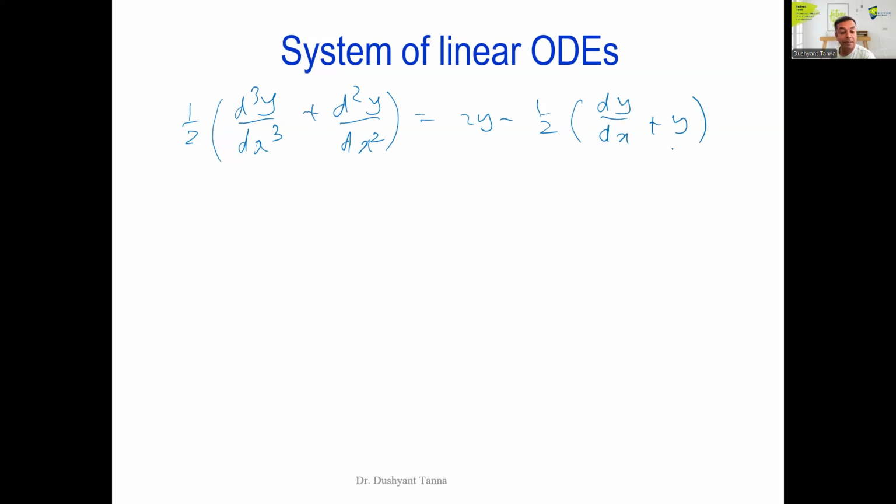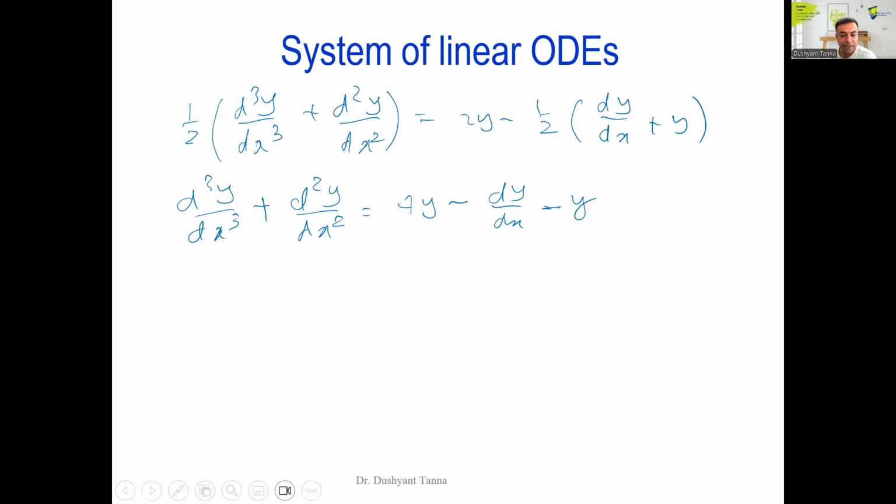Simplify. I would multiply everything by 2. So this will be d3y dx3 plus d2y dx2. This will be 4y minus dy by dx minus y. Okay, and simplify this. Bring everything on the left-hand side. Keep the y term, right.